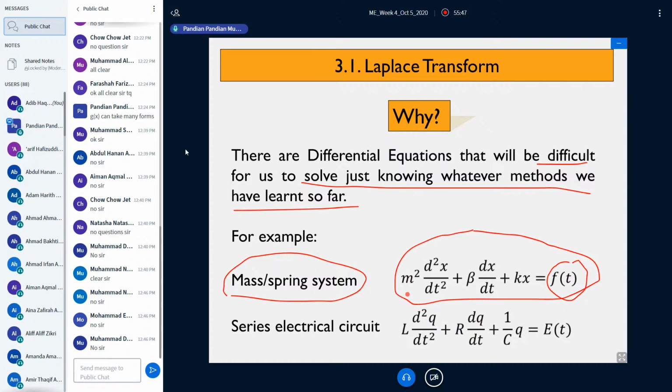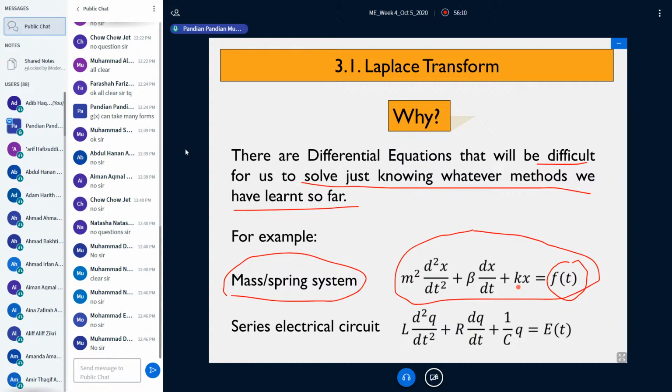Then you fix the values of m, beta, k, F(t), and so on, from the experts' knowledge and experience. They can give you the values of m, beta, k, F(t), and then you solve.